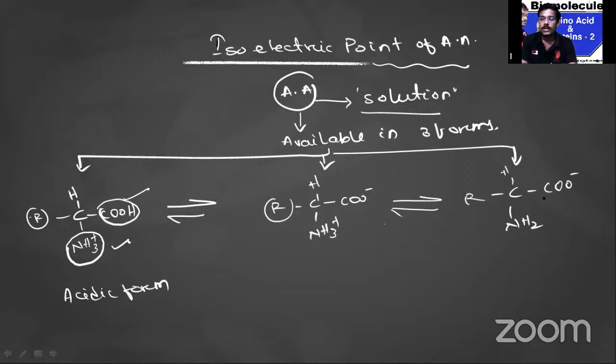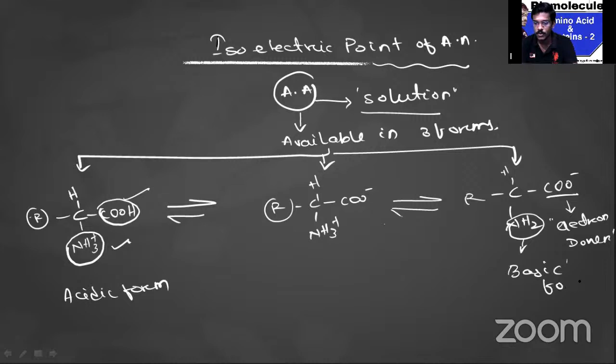And here this COO minus becomes an electron donor. A substance that can donate the electron will be basic. This will become basic because it can donate the electron in the presence of water. So this form of the amino acid is called the basic form.